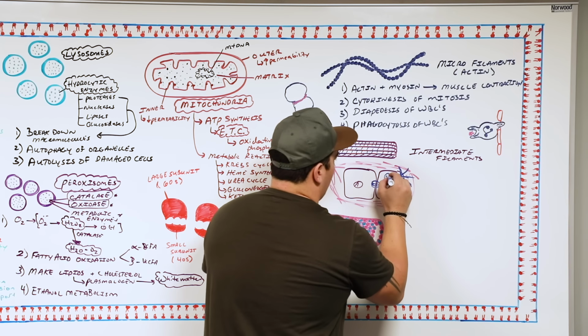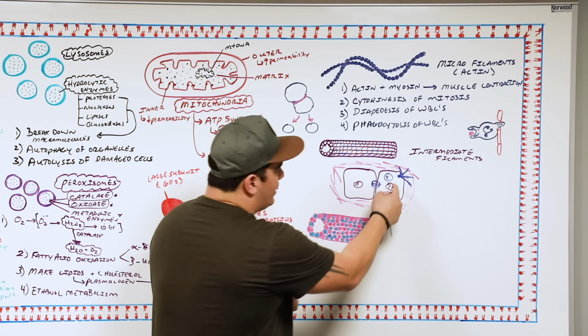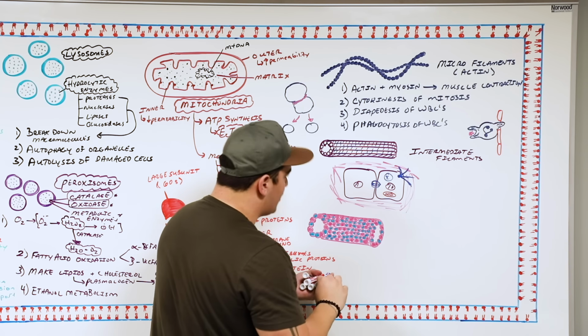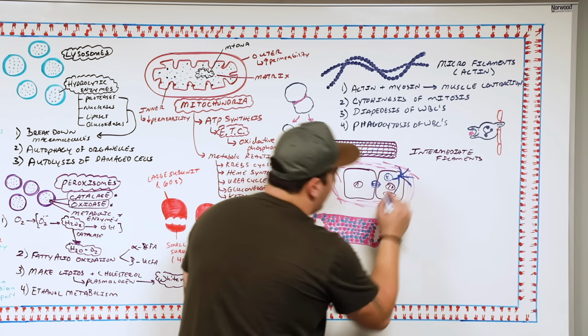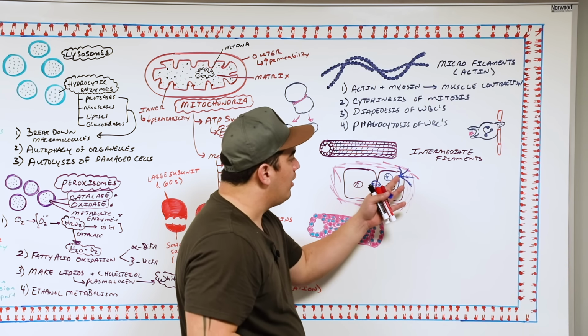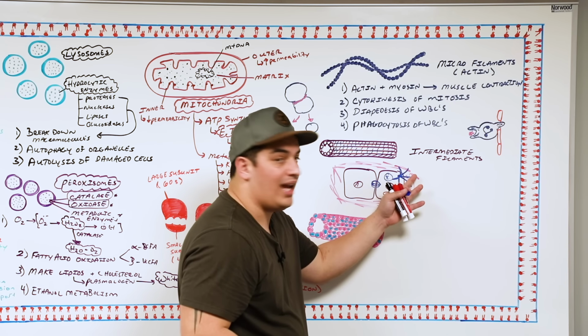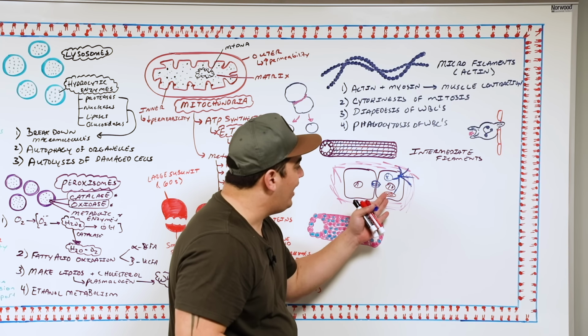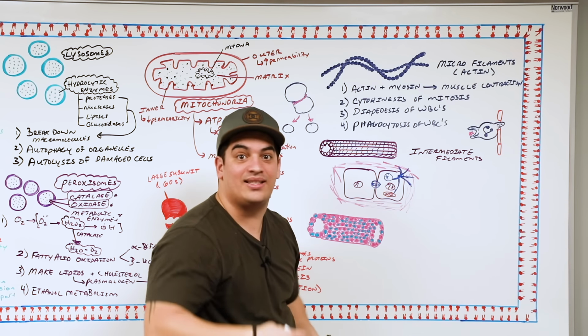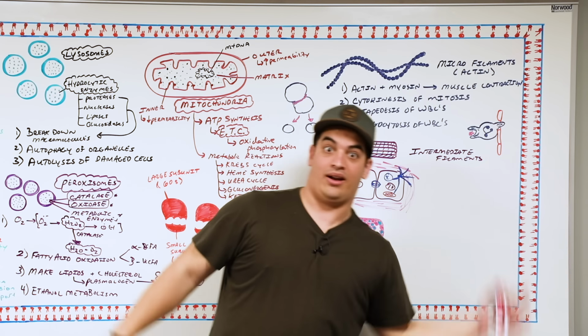Here's our nucleus, right? These cytoskeletal elements are also going to be bound to these organelles. So it helps to anchor the cell to the extracellular matrix, anchor cell to cell, and anchor the organelles inside of the cell so they're not just floating around everywhere, right?